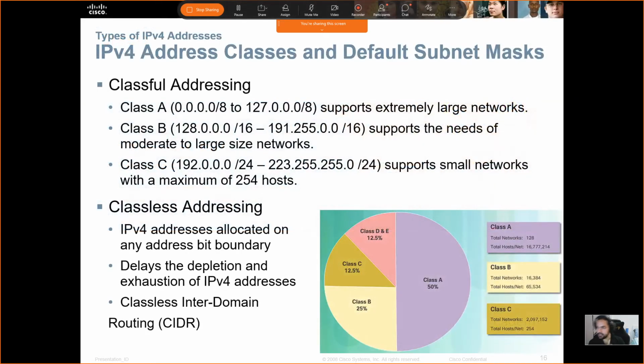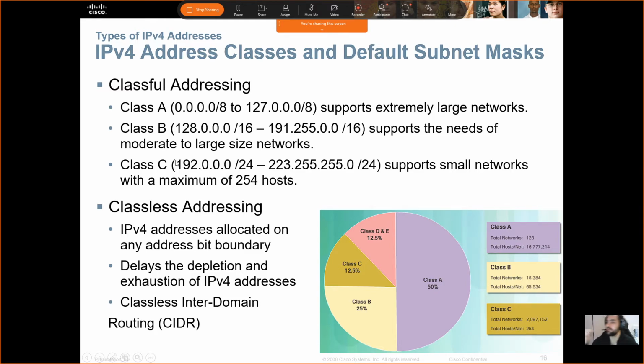The types of addresses, we identified the types of addresses, and we have different classes of IP addresses, and these classes are different subnets. Every time you have something /8 and this something is from 0 to 127, it's class A. Every time you have something from 128 to 191.255 and it's /16, this is a class B address.